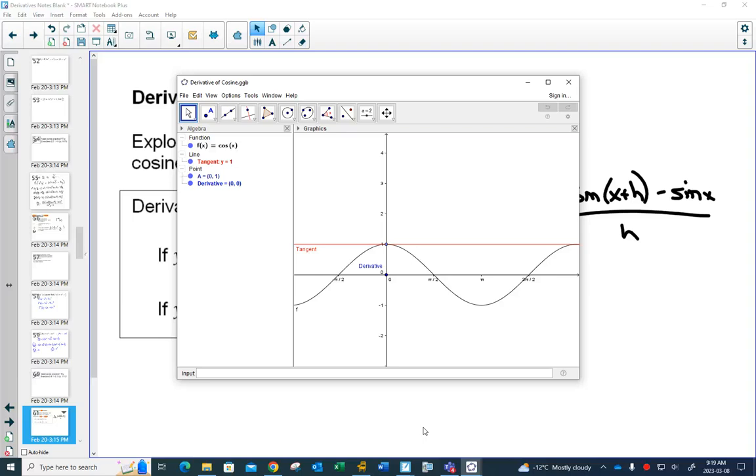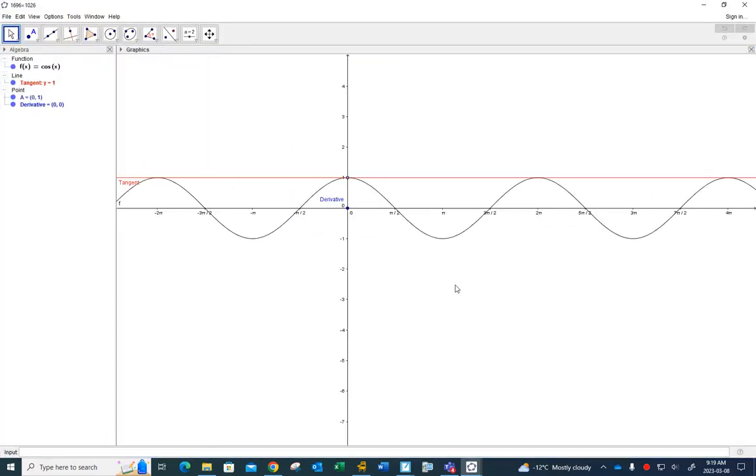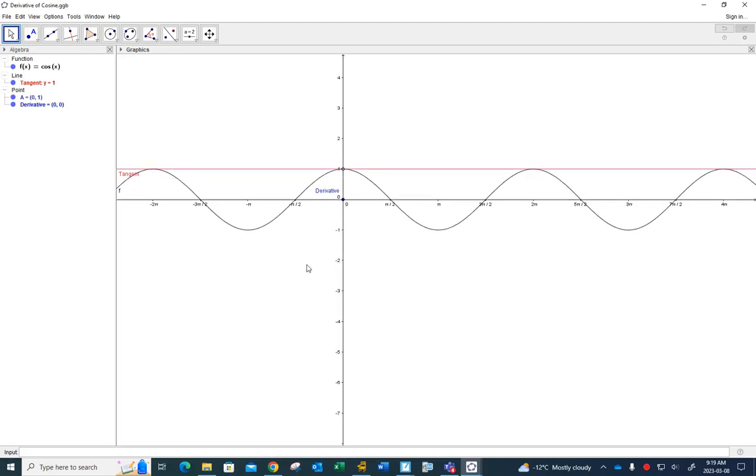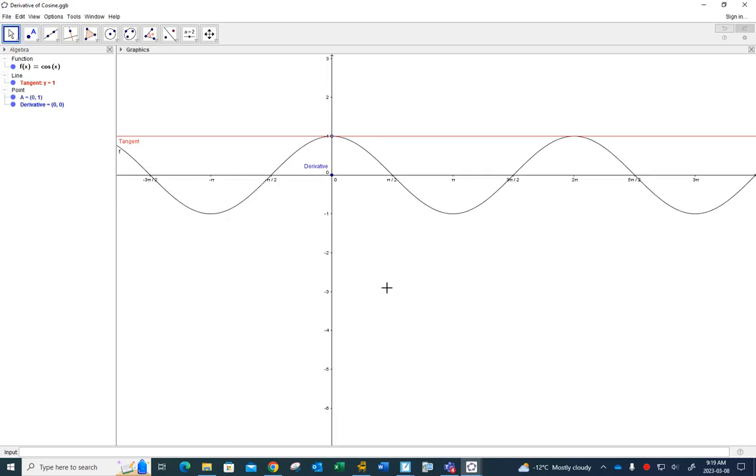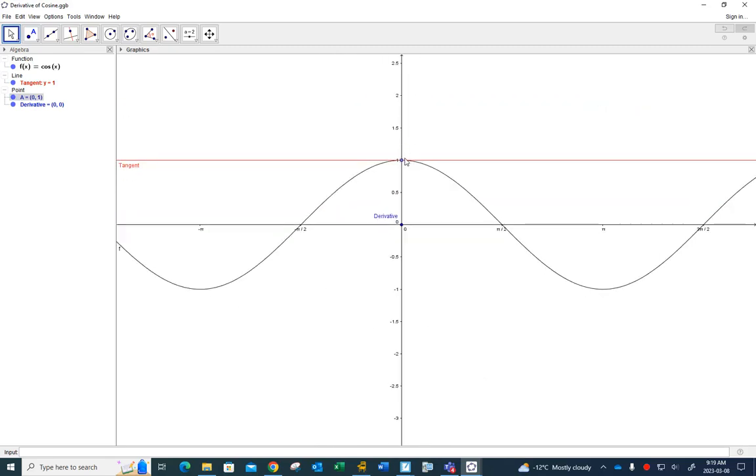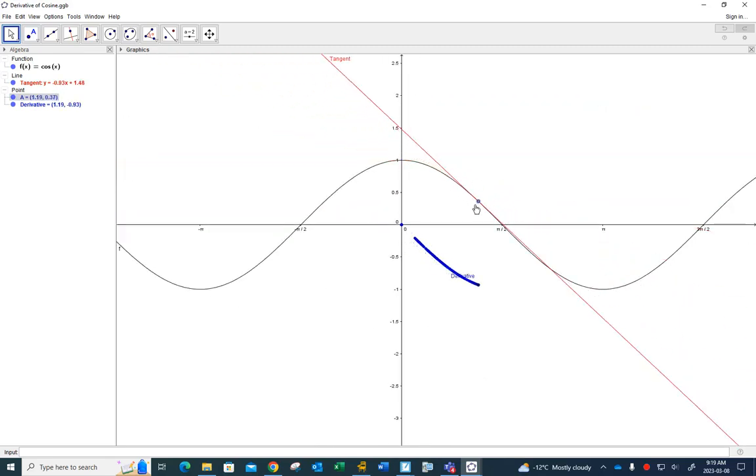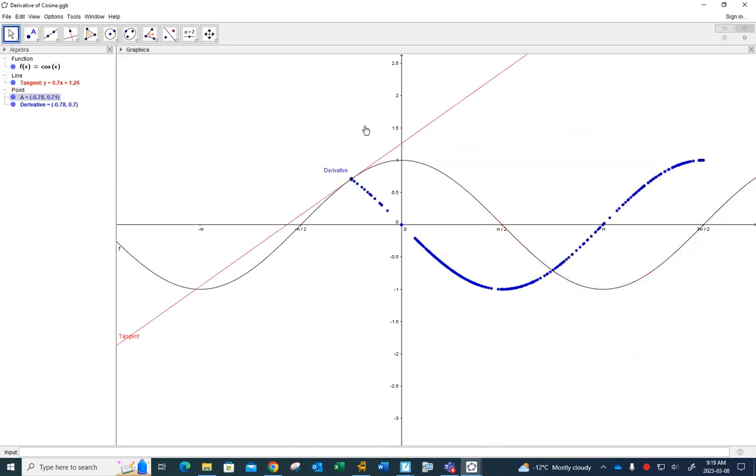And if we look at the graph of cos of x, it also gets that nice curve to it, matches up perfectly.